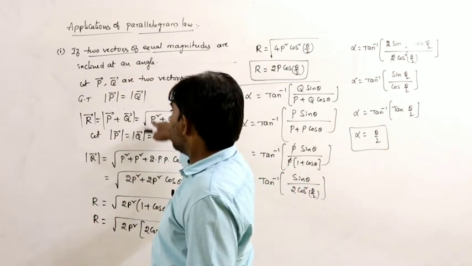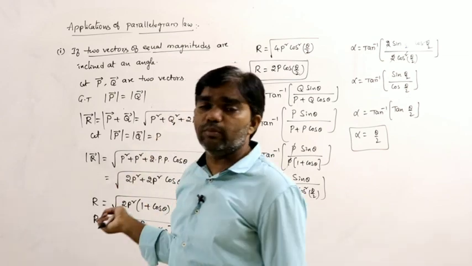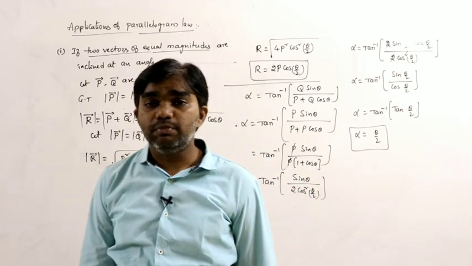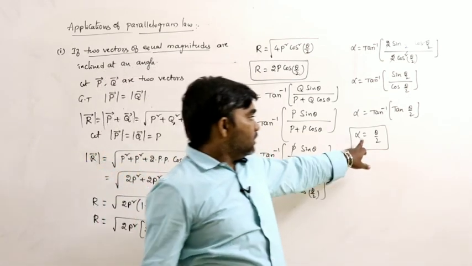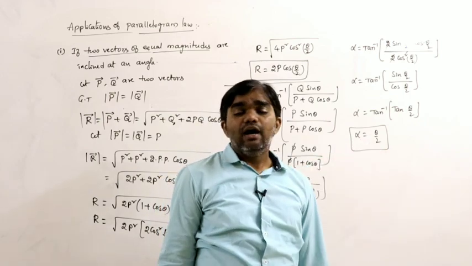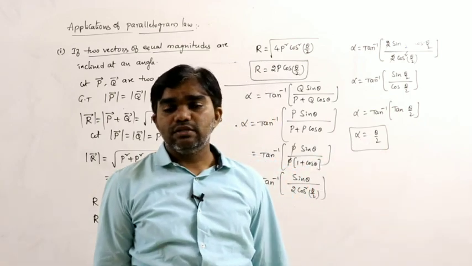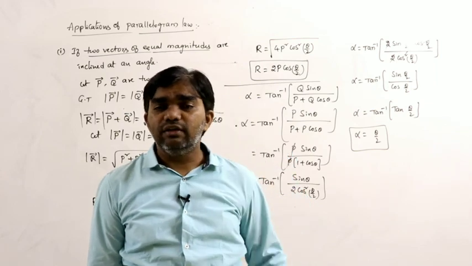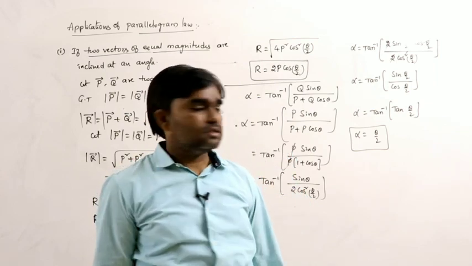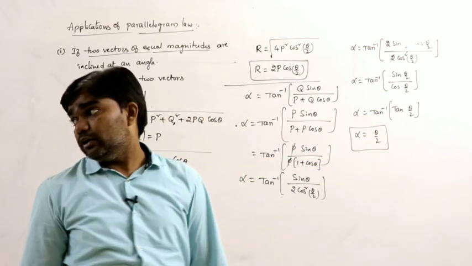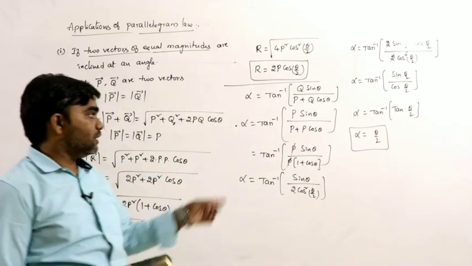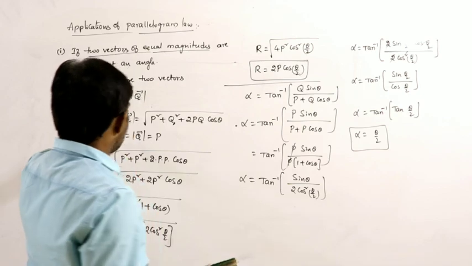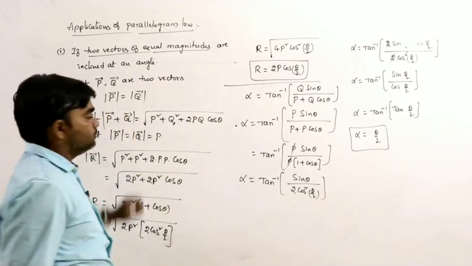Theta is the angle between the vectors p bar and q bar. That is why the resultant vector makes an angle exactly half that of the angle between the two vectors. So alpha equals theta by 2, which is what we got here, for the situation where r bar equals p plus q.